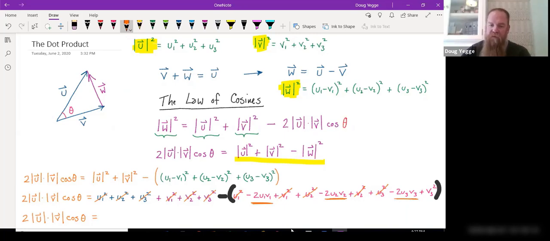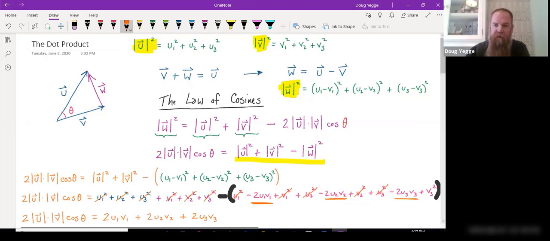But notice that if I distribute the negative, all that's left is 2 u1 v1 plus 2 u2 v2 plus 2 u3 v3. Now I realize this looks pretty crazy, but remember what our whole goal was. Our whole goal is to find the angle between the vectors.